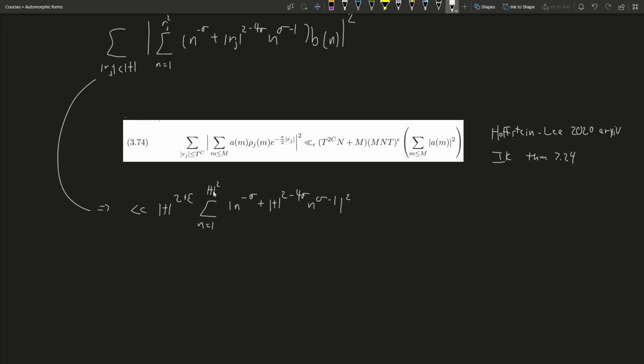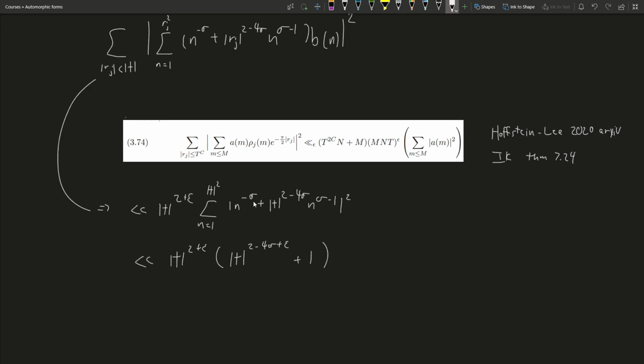So put in t squared, so it's going to be t to the 2 minus 4 sigma. So it's t to the 2 plus epsilon times t to the 2 minus 4 sigma, and then plus epsilon for good luck. And then say we square the second term and we work it out, I think we get a 1 here, and then the cross term also is something smaller than both. So this is what we end up getting.